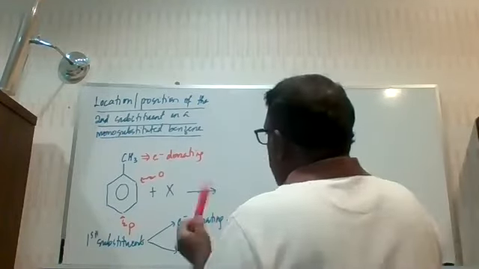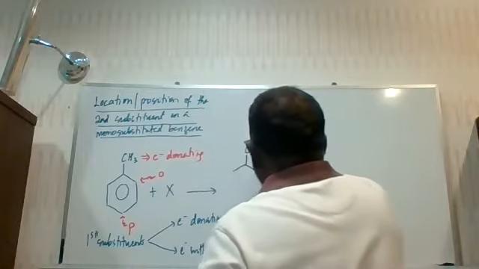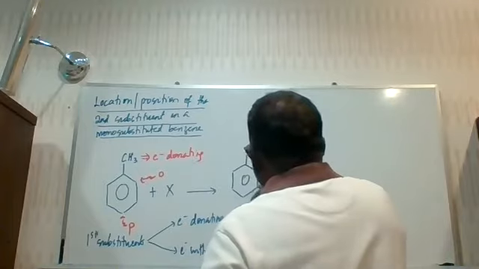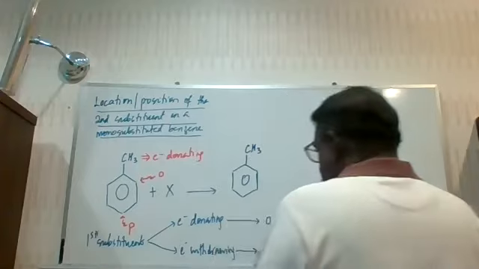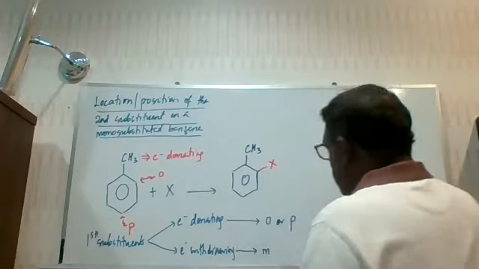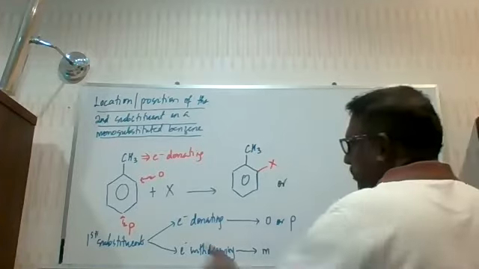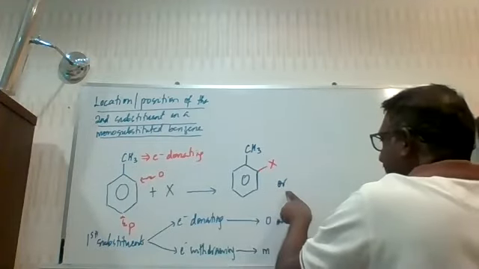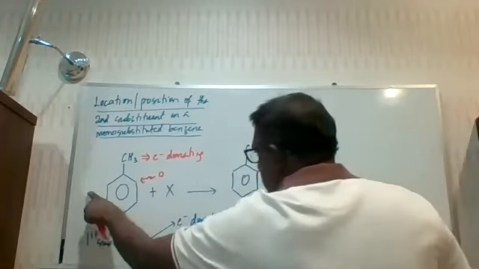So you have your CH3, and as I said, your X can occupy this. This is one of the products. Or, remember, there's only one here, so it has to be an 'or'. If you put 'and', some of you put a plus, that means you're saying there must be two more.